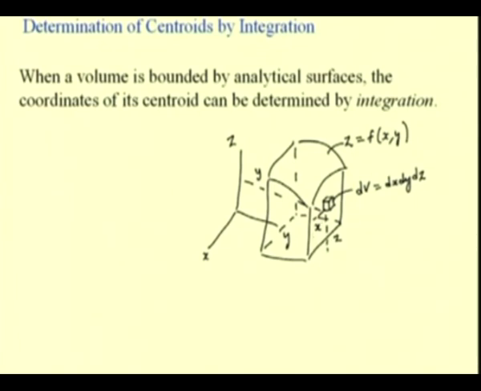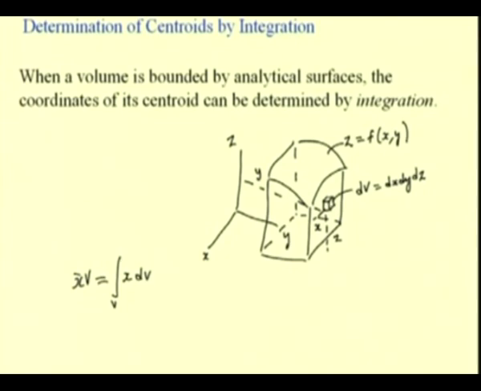So, we can find, let us say, the location of the centroid for this volume with respect to this plane as x dV integration over the volume. This integral is a triple integral, that means we have to integrate along x, y and z axis.